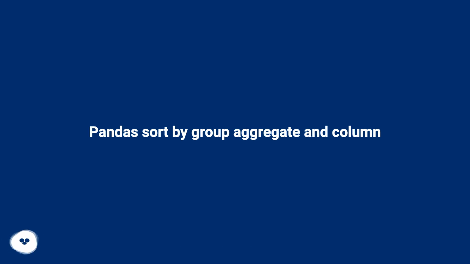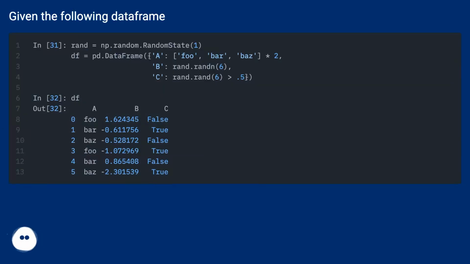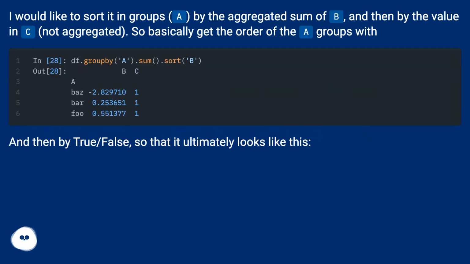Pandas sort by group, aggregate and column. Given the following data frame, I would like to sort it in groups.